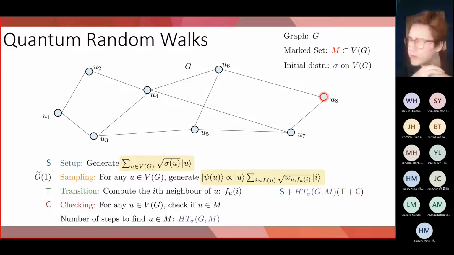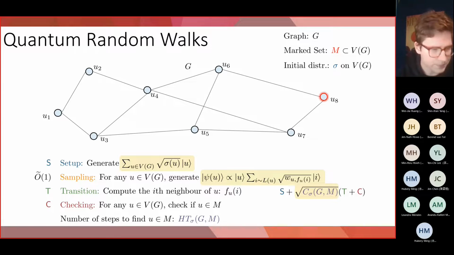And then how does this change the complexity of the walk? What happens is we actually get a square root of something else. So it's not the hitting time, it's something else. And for those familiar with random walks, this is referred to as the commuting time from sigma to M. Because we're in a quantum setting, everything has to be reversible.